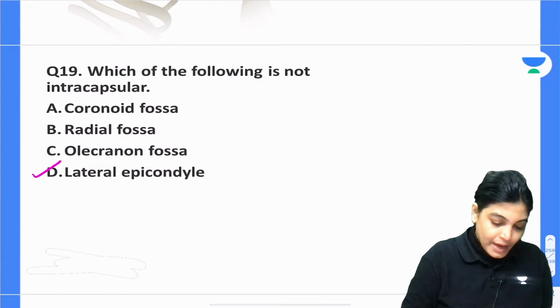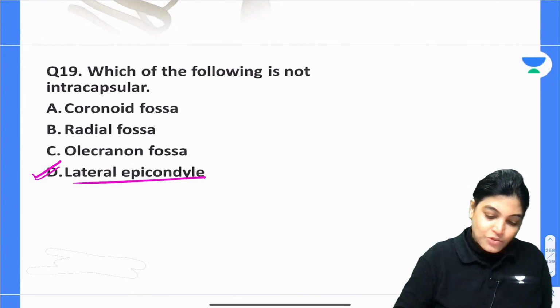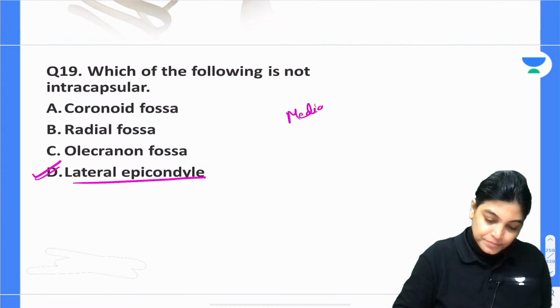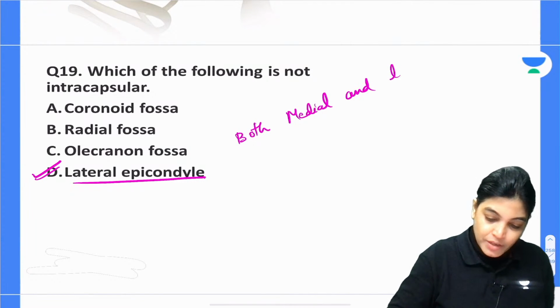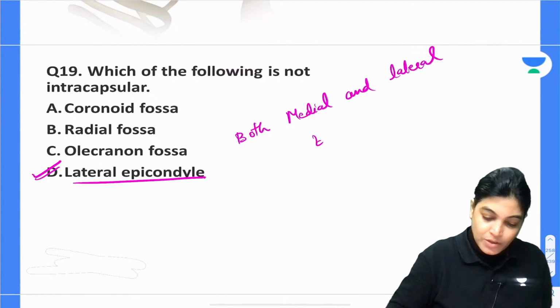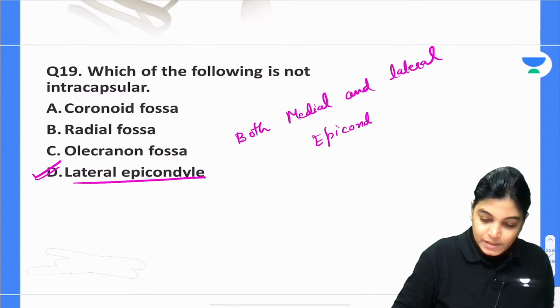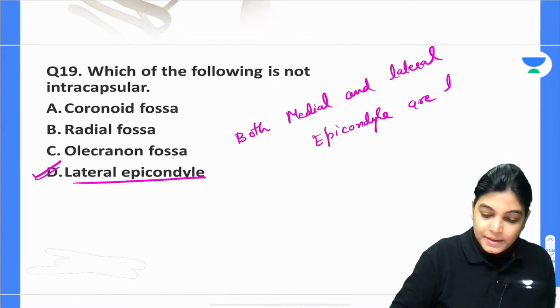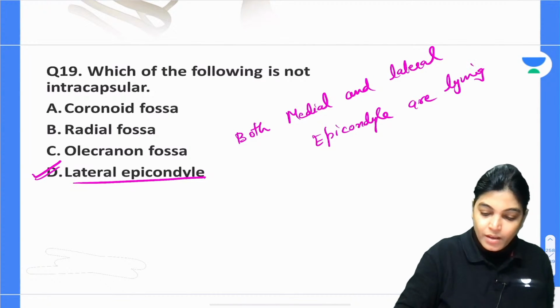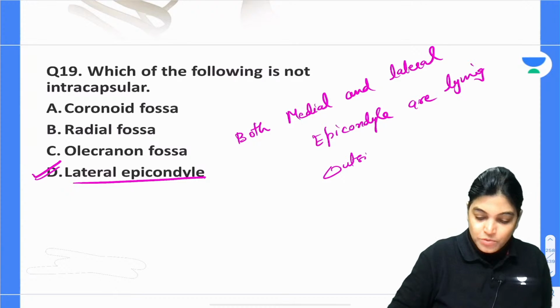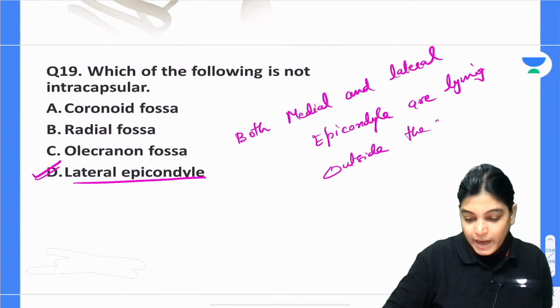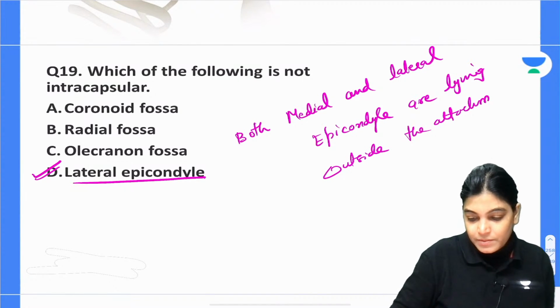In this category we have the lateral epicondyle. Actually both medial and lateral epicondyles are lying outside the attachment of the fibrous capsule.